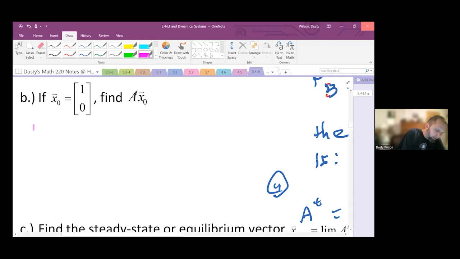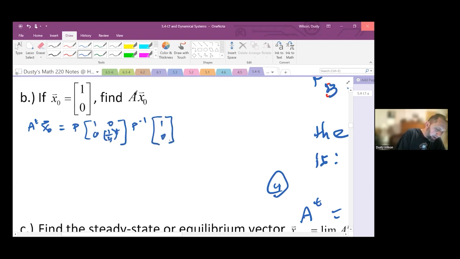If I want to find A to the t times x naught, this would be like saying P, my D to the t, so [1, 0; 0, (1/4) to the t], times P inverse, times [1, 0].